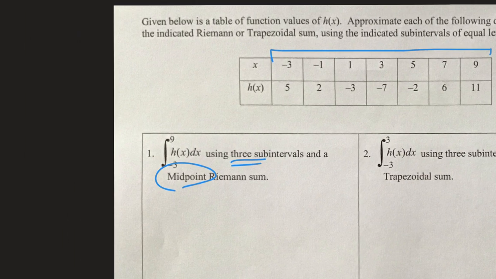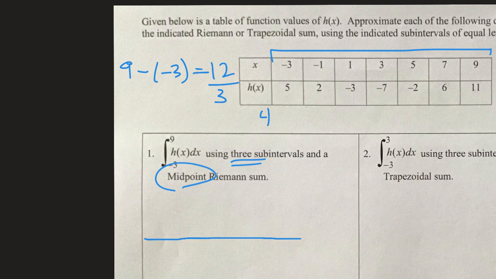From -3 to 9 is 12 units, and we want to divide that into 3 equal subintervals. So how wide does each subdivision need to be? 4 units wide. So we're going to make a quick little horizontal line graph.